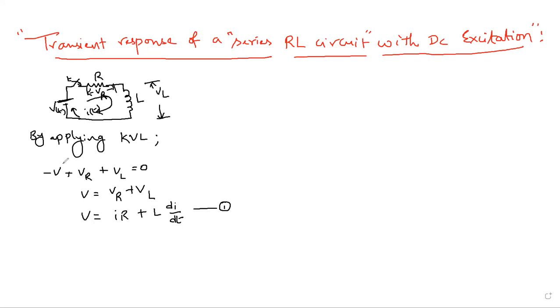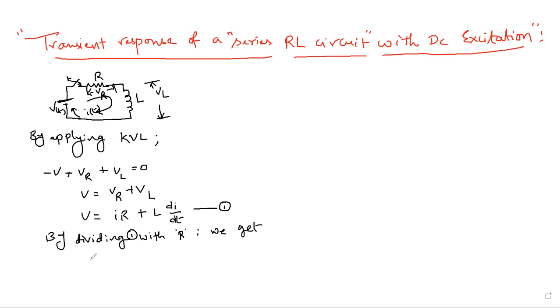Next, divide this equation 1 with capital R. From the next step onwards it is purely mathematical. By dividing equation 1 with capital R, what do we get?